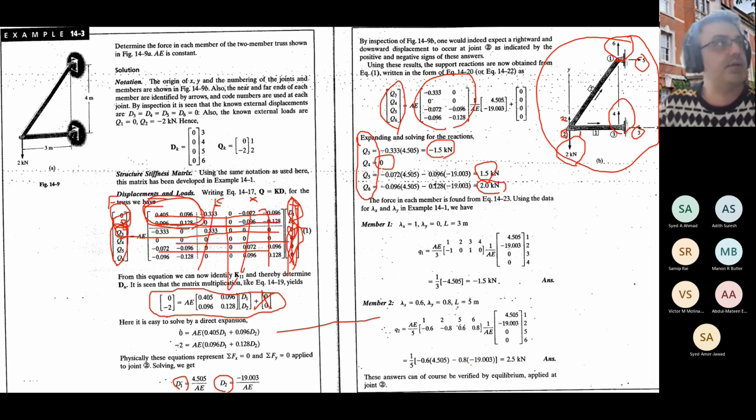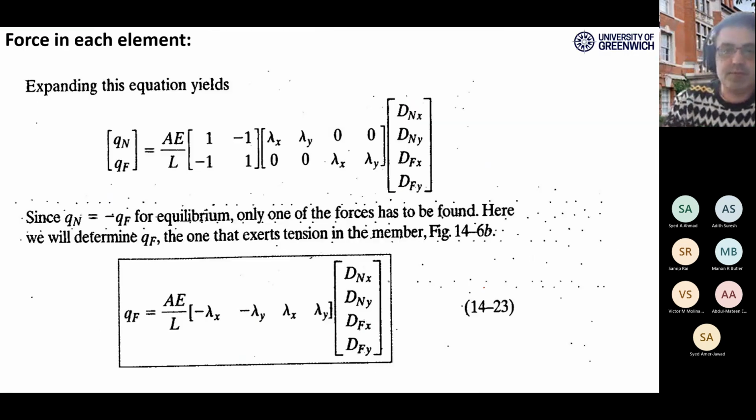As the last step, not least, we need to calculate the member forces, whatever forces we have in the different elements. For this purpose, we'll go back to the previous slide. This is equation 14.23 from the book. Again, I don't go through the demonstration. For every element, and for the far end, the internal force is AE over L. You already have them.